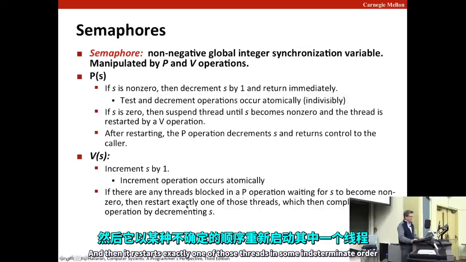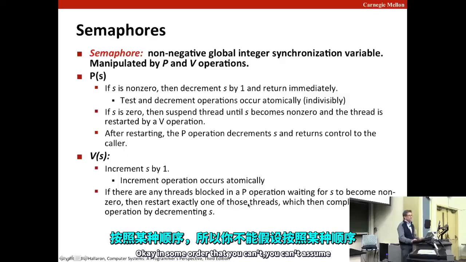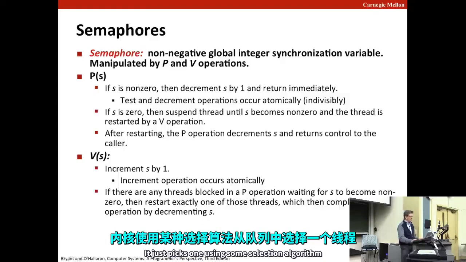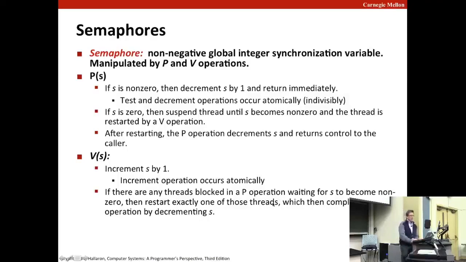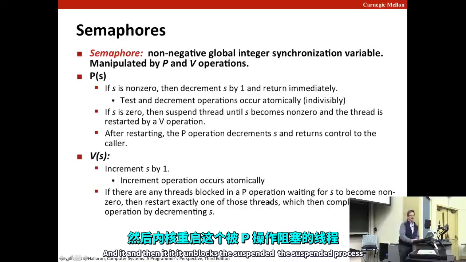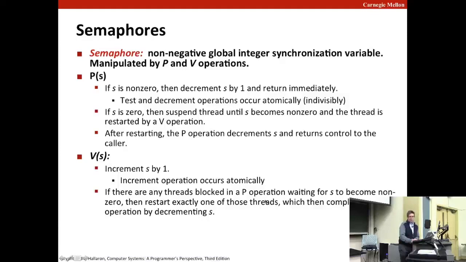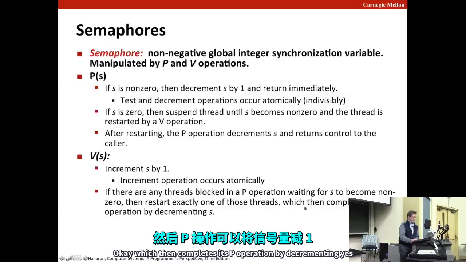And then it restarts exactly one of those threads in some indeterminate order, in some order that you can't assume. It just picks one using some selection algorithm. And then it unblocks the suspended process, which then completes its P operation by decrementing S.